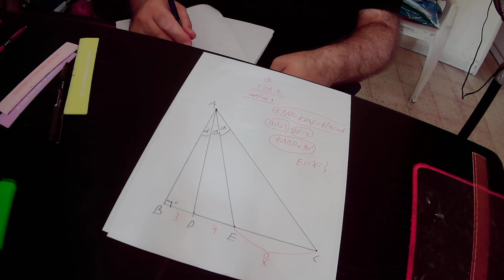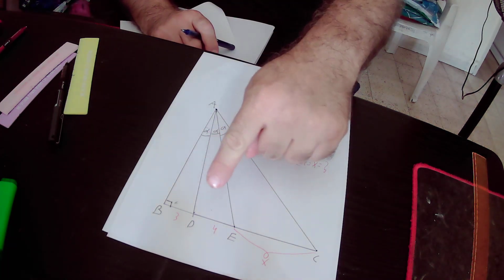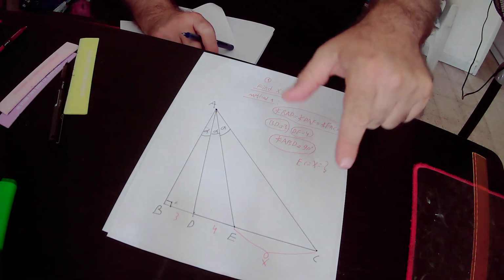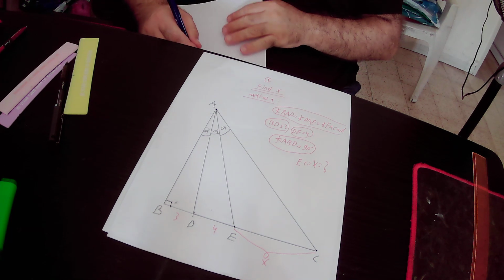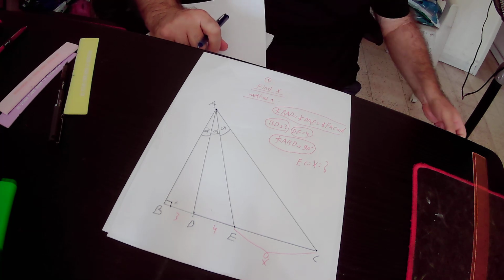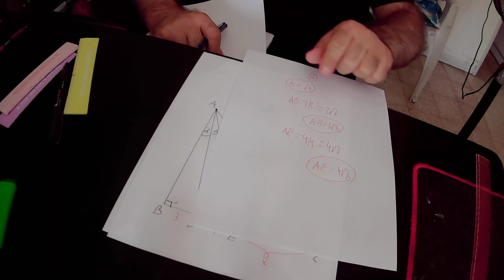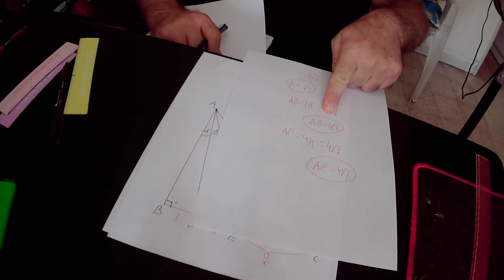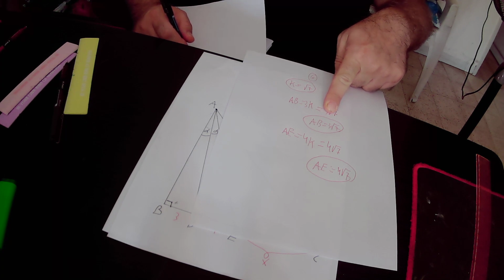What is the value of BC? BC equals to 3 plus 4 plus x. That is to say BC equals to 7 plus x. So we will substitute BC by 7 plus x. What is the value of AB? We have already found out that the value of AB is 3 times root 7 units.